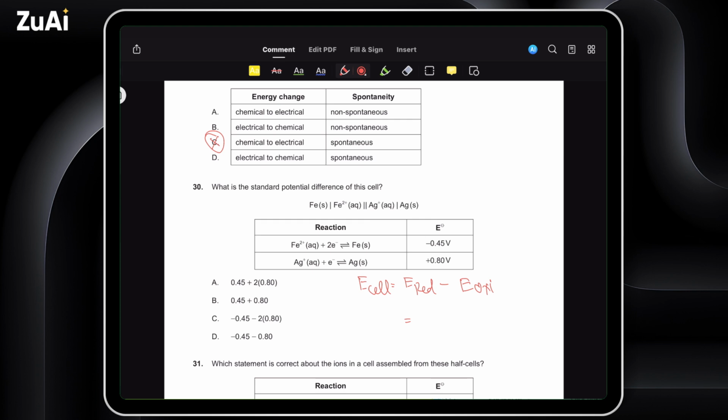Reduction is the one which has the greater value. So +0.80 minus 0.45. We have to solve this.